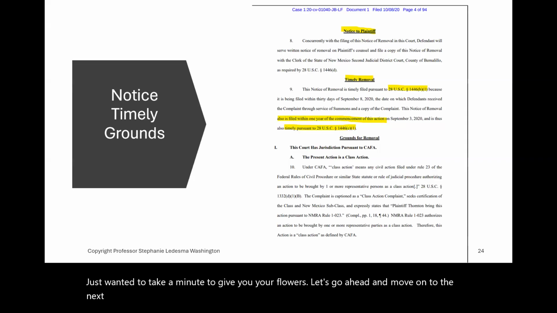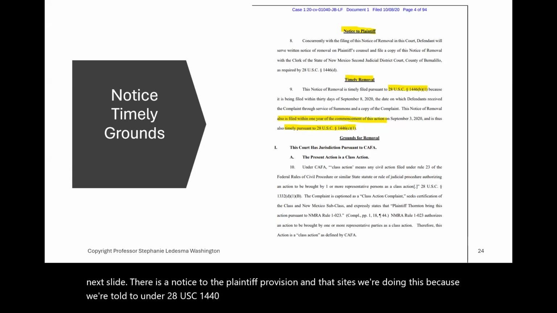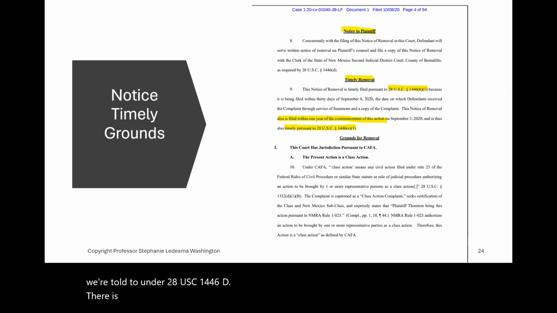There is a notice to the plaintiff provision, and that cites, we are doing this because we're told to under 28 U.S.C. 1446(d). There is a notice that the removal is timely pursuant to 28 U.S.C. 1446(b)(1).